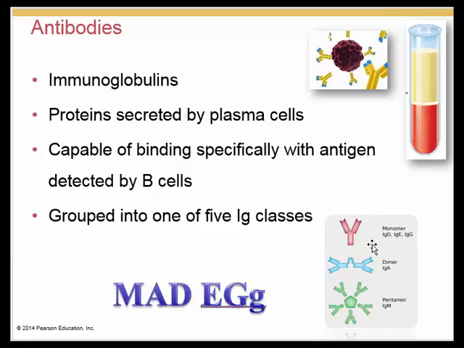It's D, E, and G. So how we remembered flat pig for some hormones and never let monkeys eat bananas for antibodies, you can look at MAD egg. M, the pentamer, A, your dimer, and DEG, the 3 monomers. MAD egg. And they'll have different jobs. They'll occur at different times of infection and different locations in your body. Let's look at the structure real quick, and then we'll look at where they're located in your body.